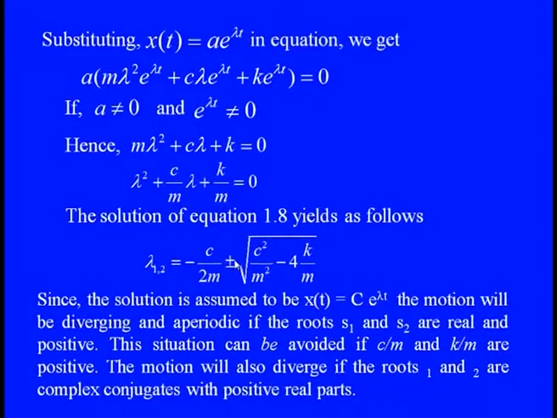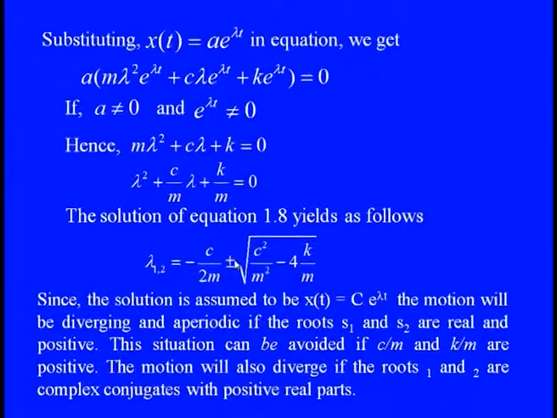Since the assumed solution is x of t equals C e to the power lambda t, the motion will be diverging and aperiodic only when the roots are real and positive. And how could the roots be positive?